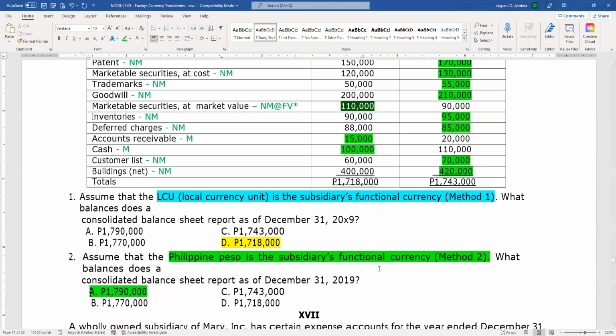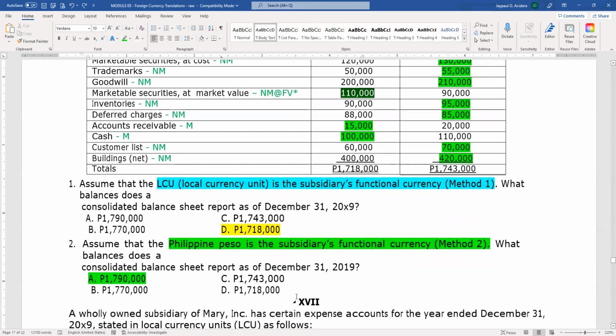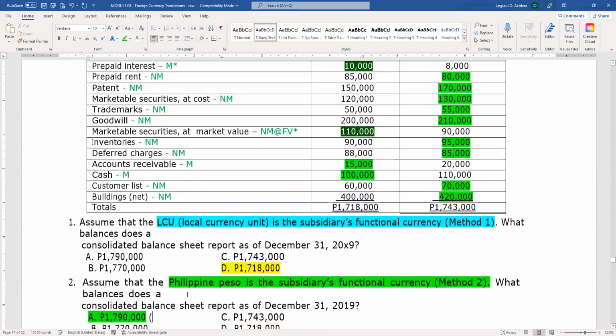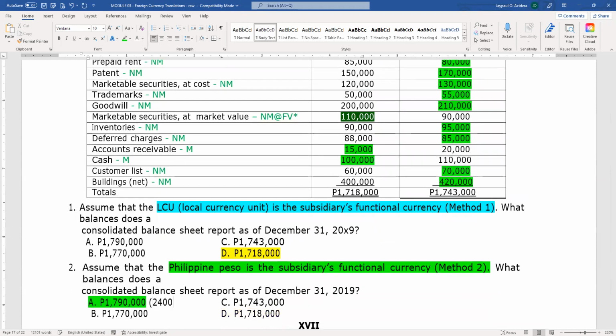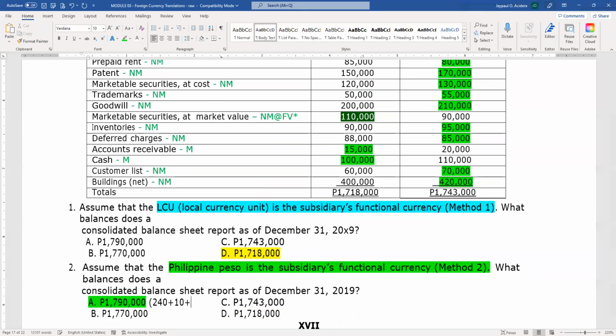So ayan. So pag-add nyo lang lahat, sorry, hindi ko pa kasi na-process. Let's add them. Okay, so we have 240 plus 10 plus 80, 170, 130, 55, 210, 110 here plus 95, 85, 15, 170 and 420.